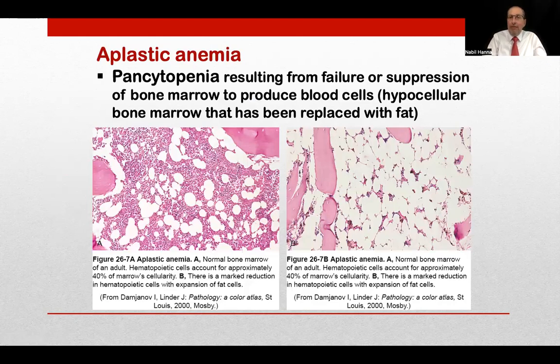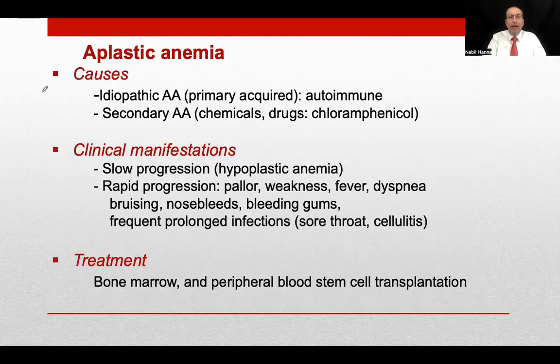Aplastic anemia, if the bone marrow is destroyed by whatever process, you're going to get pancytopenia. All cellular elements will go down. White blood cells go down, platelets go down, red blood cells go down. So failure or suppression of bone marrow to produce blood cells.